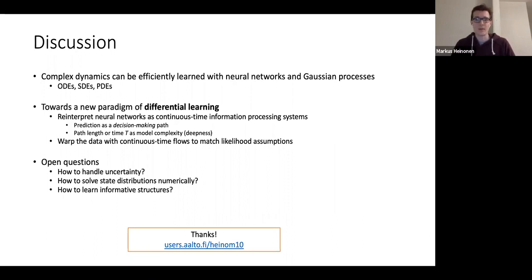Some other people might call it by a different name, where we have a continuous time information processing system instead of a discrete time one. And the open questions are the conventional ones. How do we handle uncertainty? How do we solve the numerics efficiently? How do we learn geometries or manifolds or informative structures? All of these are mostly still open questions in these domains. Okay, thank you very much. Any questions?